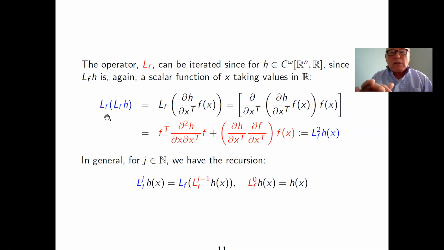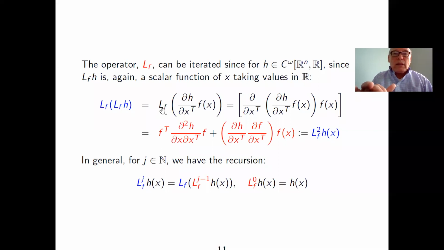And specifically, and just to see that sometimes we have to do the actual calculation in R^n, the directional derivative of an already taken directional derivative with respect to the same vector would be the directional derivative of the scalar function that will again be scalar. But this is the gradient of h multiplied by f.